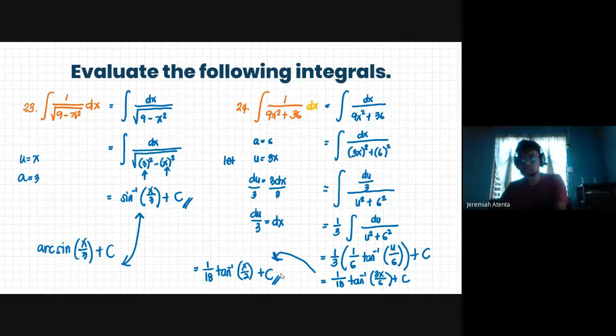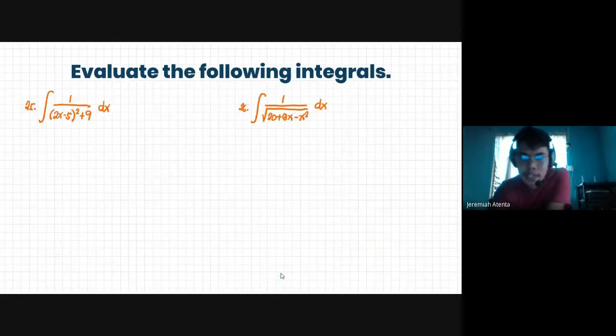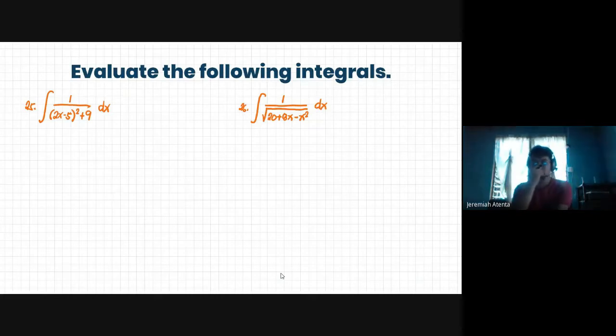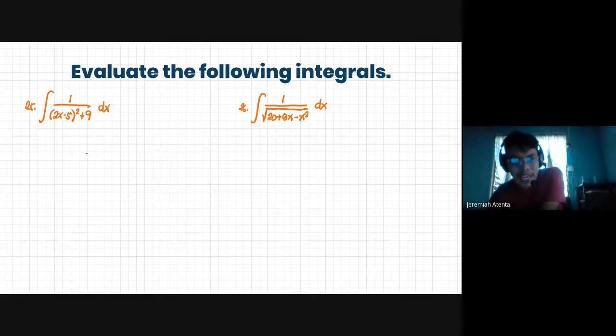Ayan. Medyo clear ba siya? Okay lang. Okay, so I think clear naman. Another example, I think until 30 ito, no? Ayan. So, we have 1 over the quantity 2x minus 5 squared plus 9 dx.